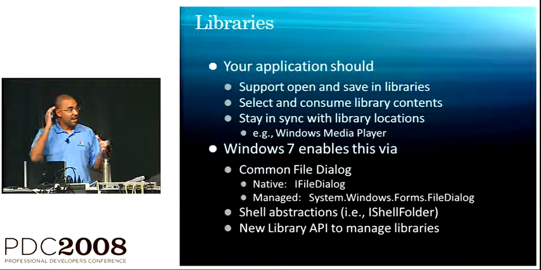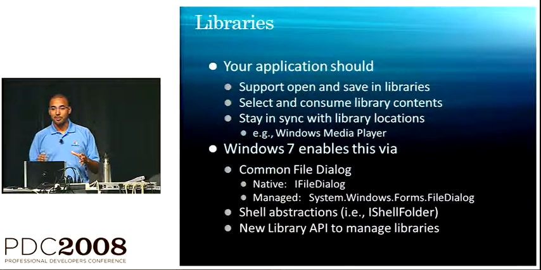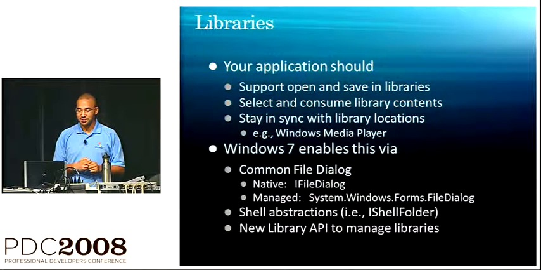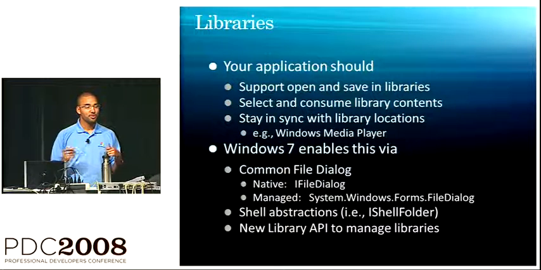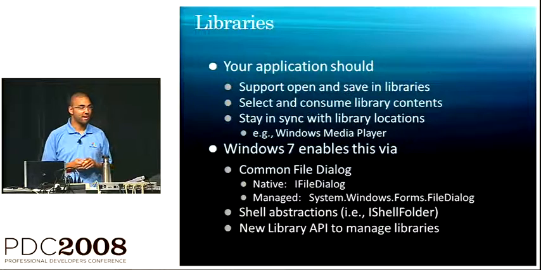And the majority of you out there probably are picking one file or saving your files out. And that's why the common file dialog is great for you, because it really just handles all of this for you. If you save to a library, we'll return the path to the default save location. So it just happens seamlessly. Same with open. If you pick a file, it'll just return the path to that file.